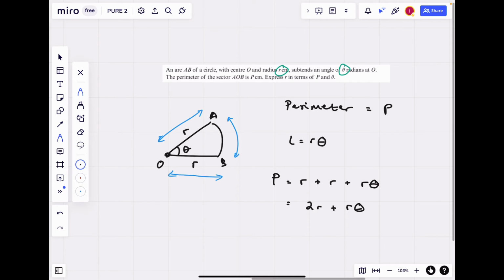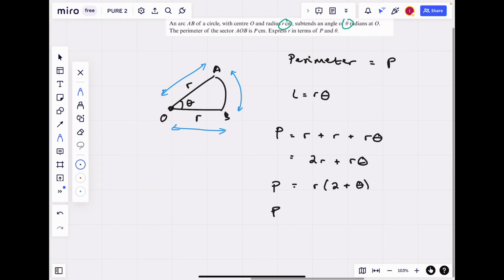And now you can simplify this by factorizing out r. Like this. This is all equal to P. We've expressed the perimeter now. However, what does the question ask? The question is asking to express r in terms of P and theta.